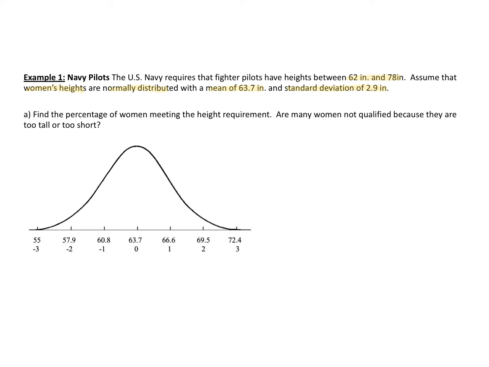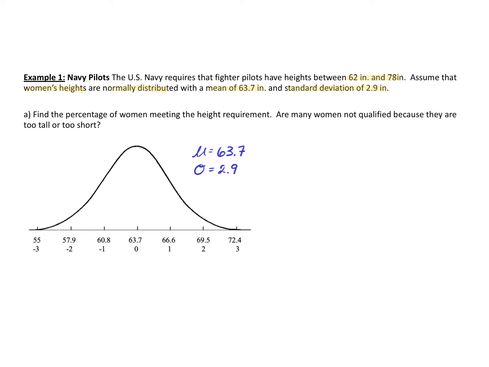So anytime you know you have data that's normally distributed, go ahead and draw yourself that bell-shaped curve, identify the mean for the distribution, and then label the heights that are 1, 2, and 3 standard deviations from the mean. We're using a standard deviation of 2.9 inches. You can see here I've already done that, and below those heights, I've written down the corresponding z-scores.